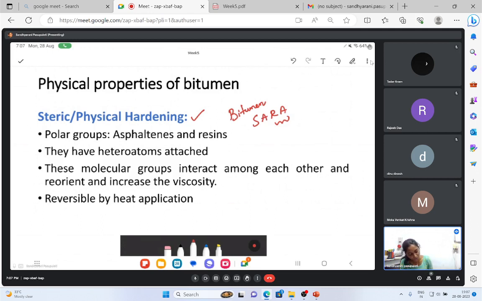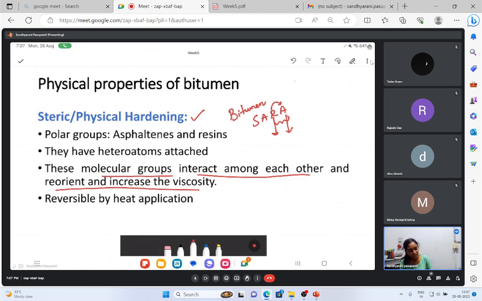When I just store the bitumen, the resins and the asphaltenes, which are the polar groups, have heteroatoms attached. Any group that has heteroatoms attached is active in nature to react. So these molecular groups interact among each other. Resins and asphaltenes interact among each other, they reorient, and they increase the viscosity. This is a temporary process.